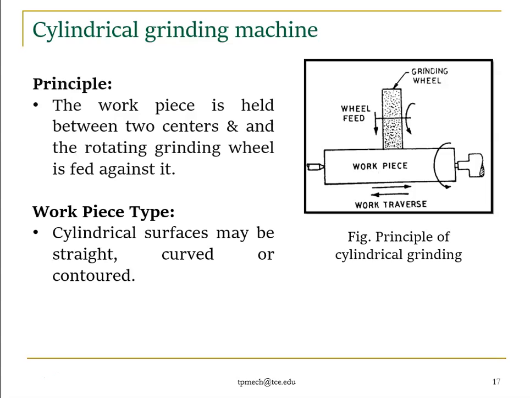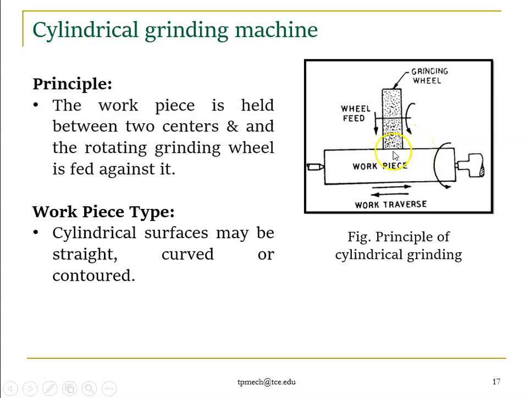Here it is the same. The workpiece is held between two centers, and the rotating grinding wheel is fed against it, right? So instead of a single point cutting tool, here the rotating wheel is fed against the rotating workpiece.